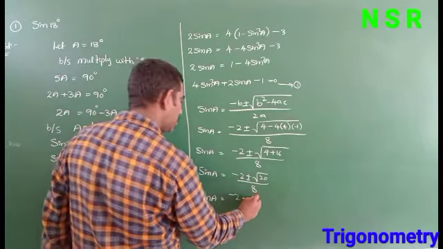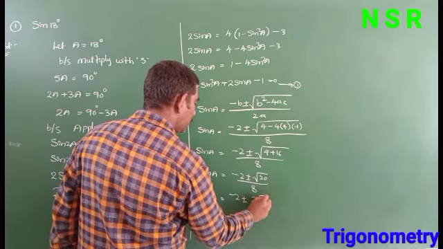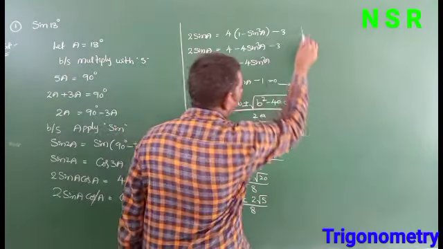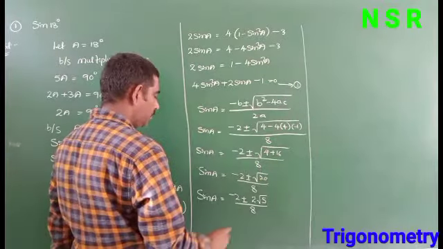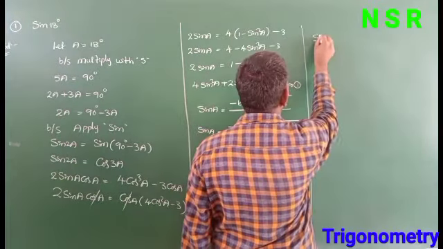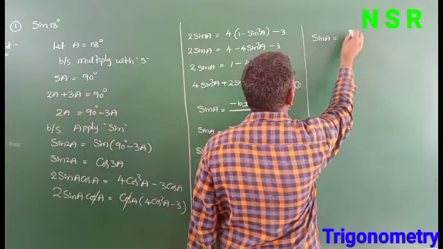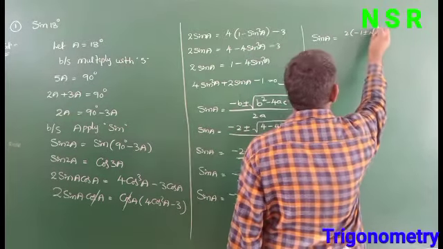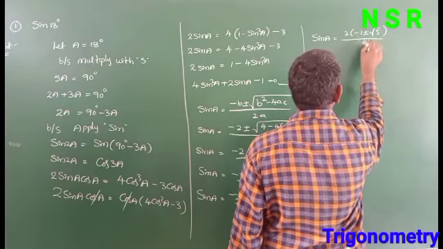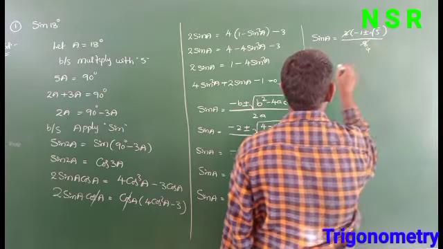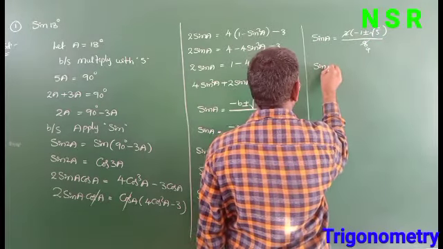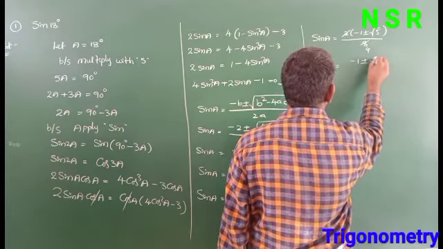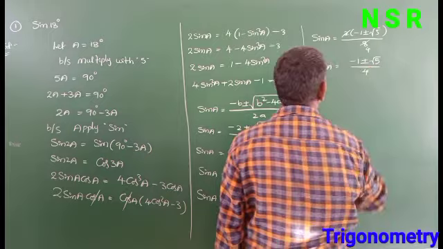So square root of 20 we can write as 2 root 5 by 8. So we get sin a equal to, take 2 as common here, minus 1 plus or minus root 5 by 8. So 2 4s are 8. So sin a equal to minus 1 plus or minus root 5 by 4.